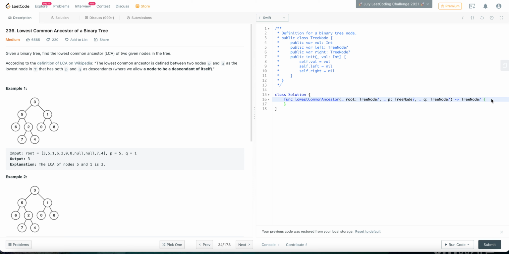recursion. So basically, in recursion we need to define some base cases, and also some optional checks. I am checking this in the guard statement: guard let rootNode equal to root, else we will return nil.